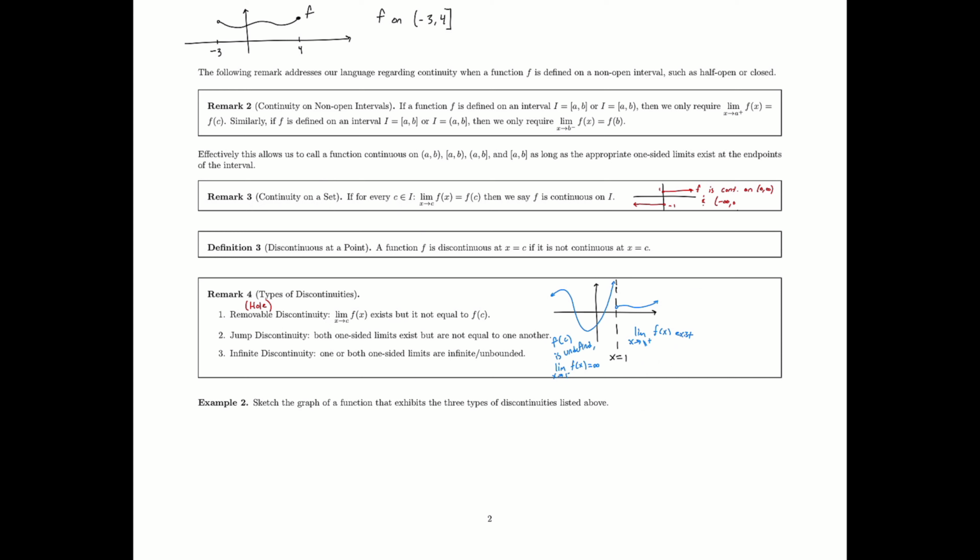We can't include 0 here, but we can say that. We also cannot say that f is continuous on the real number line, because at 0 it's not true. So that does not work.